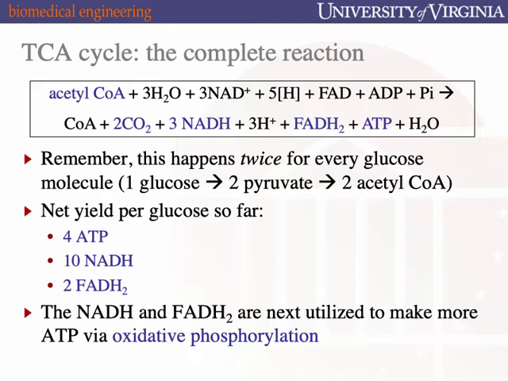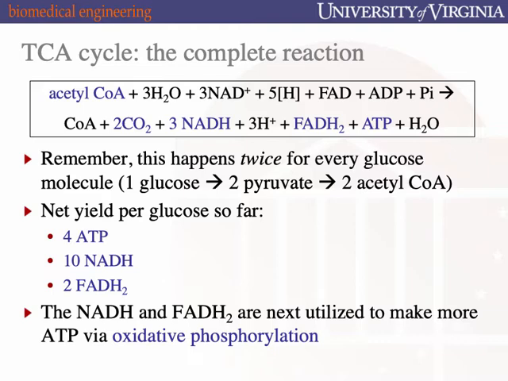We generated 2 additional ones in the form of GTP converting to ATP. And then the NADHs: we had 2 from glycolysis, 2 from entry into the TCA cycle, and then 6, 3 times 2, in the TCA cycle, to yield 10 reducing equivalents in NADH.